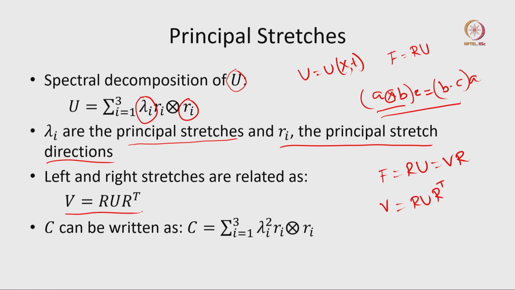So V, the left stretch, is related to the right stretch using this relationship, but we won't be using the left stretch much. We use the right stretch because that is a material description. Writing everything in the undeformed description has an advantage because that does not move. The undeformed configuration does not move in space or time.